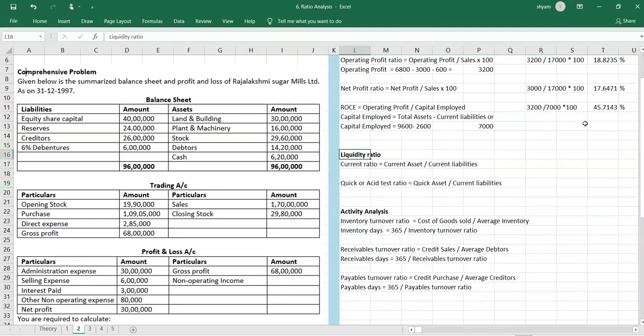So let's start with liquidity ratio. It is current assets by current liabilities. Let's take current assets.